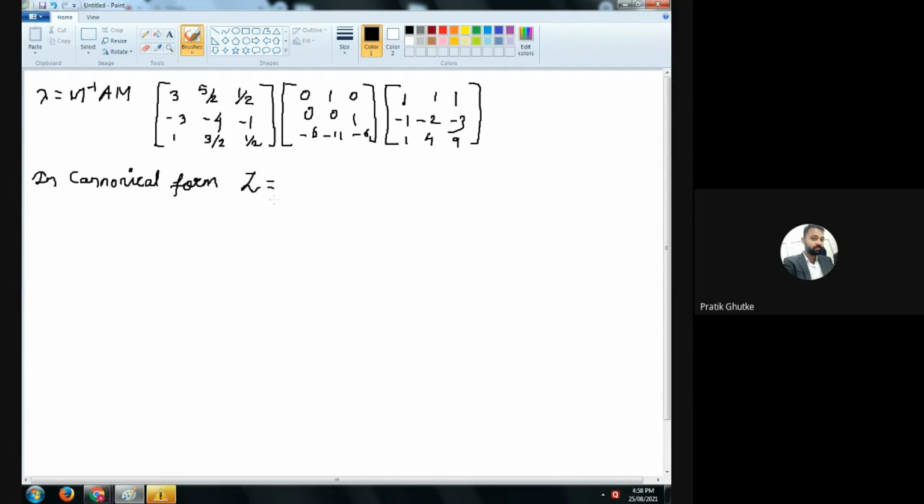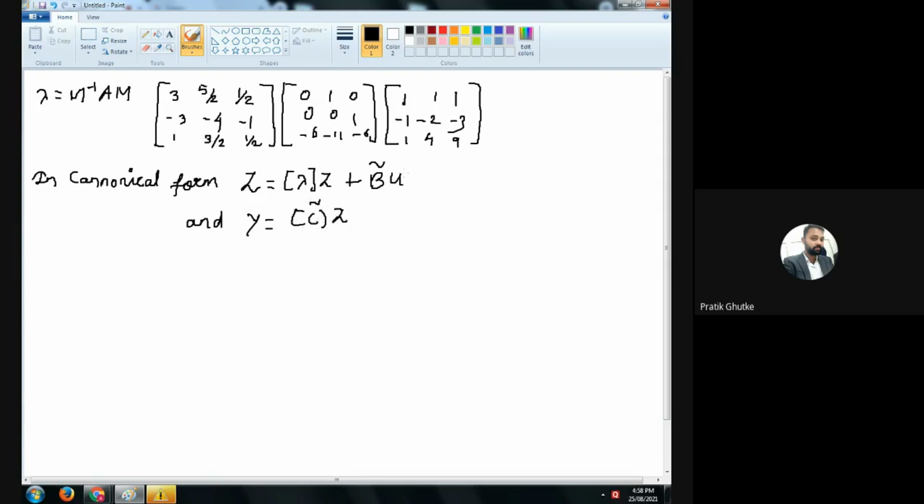Z dot equals lambda into Z plus B cap into U, and y equals C cap into z.